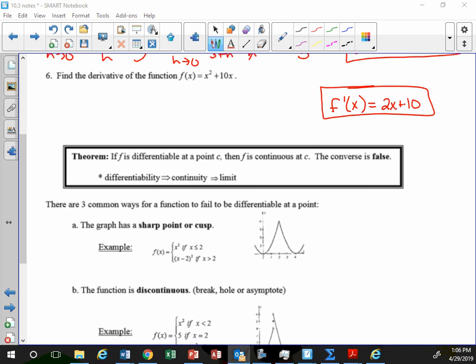So this one is. How do you figure it out? Minus 1. Ah, I got it. Minus 1. Is that hard to do?